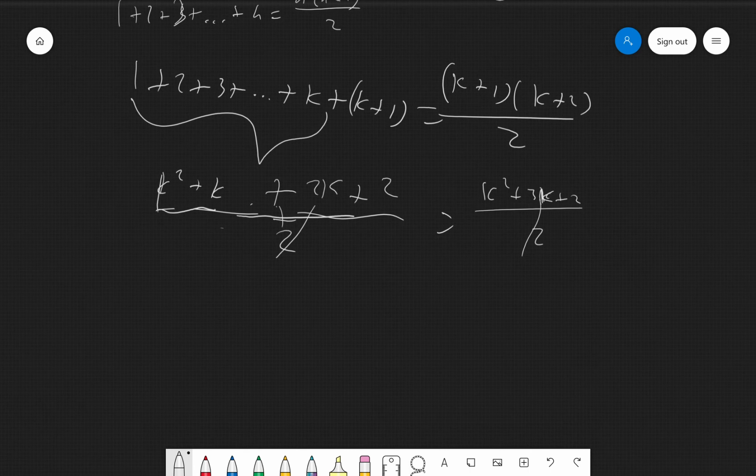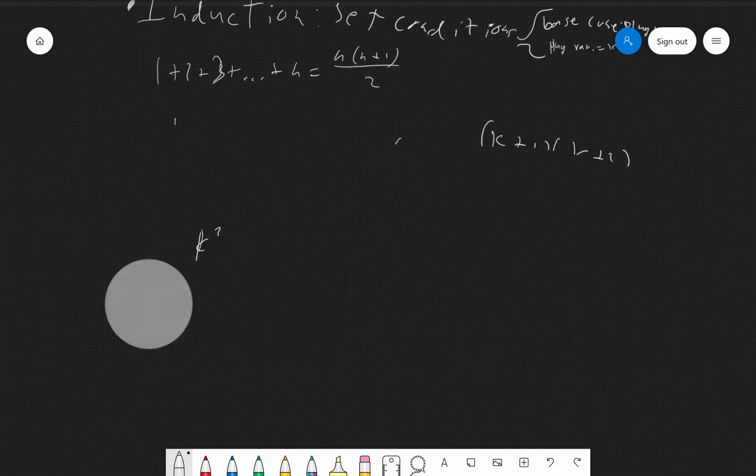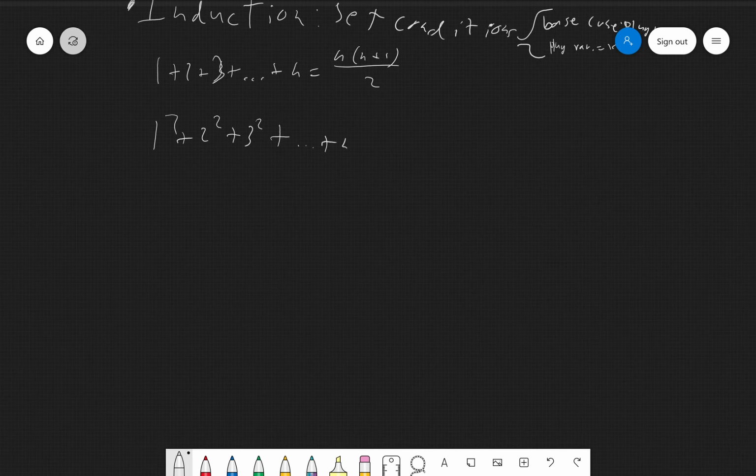So now we did a simple one, and we're also going to do the same thing for 1 squared plus 2 squared plus 3 squared, and so on. I'm sure you might have heard of 1 squared plus 2 squared plus 3 squared plus dot dot dot plus n squared. Actually, I'm not sure you have, but maybe you have.